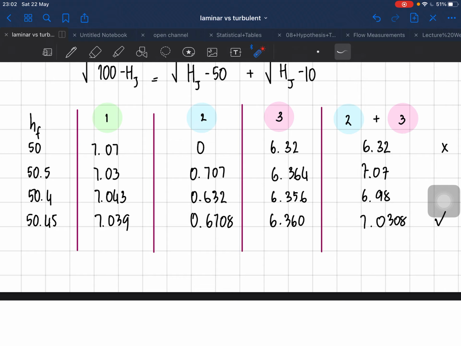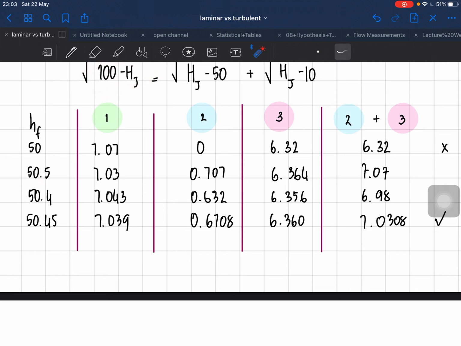Maybe because I thought the closest to this number is easier to match. So I start with 50, but I know that it can't be 50 because it's going to be 0, and this one cannot be equal to this one.